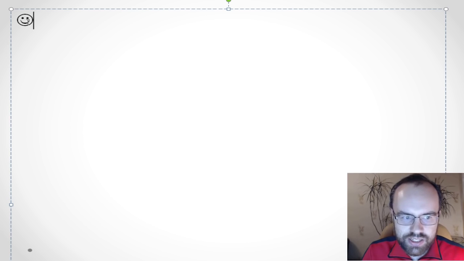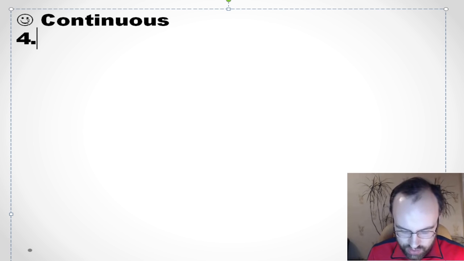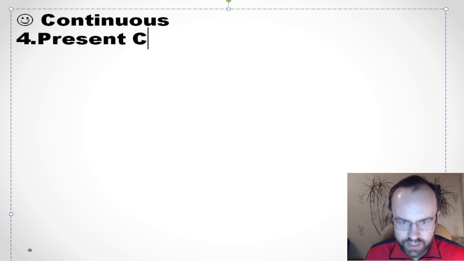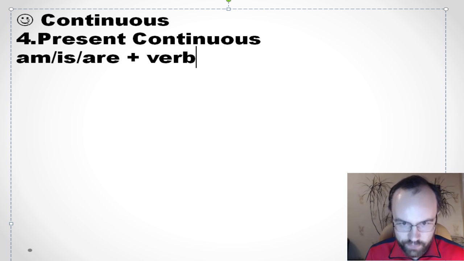So the next group is continuous. Present continuous. How do we form this tense? It's easy. Am, is, are plus verb plus ing.